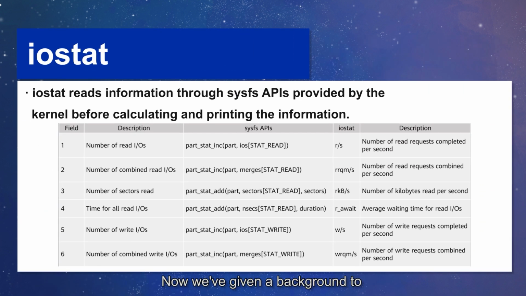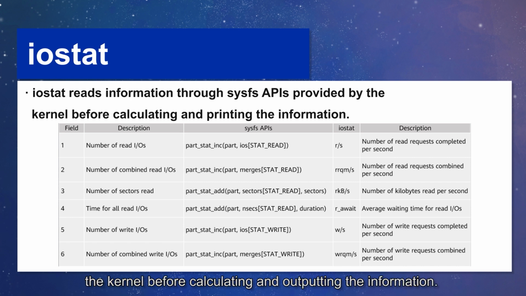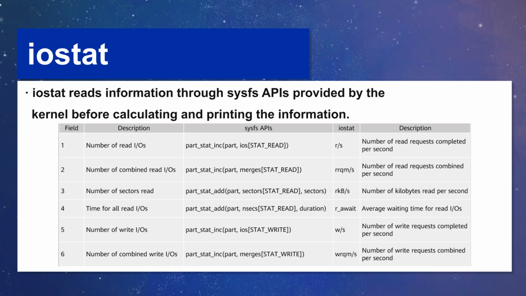Now we've given a background to both I/O and analysis tools. Let's explore the working principles and usages of IOstat and blktrace. IOstat reads information through APIs provided by the kernel before calculating and outputting the information. Some APIs are displayed here.